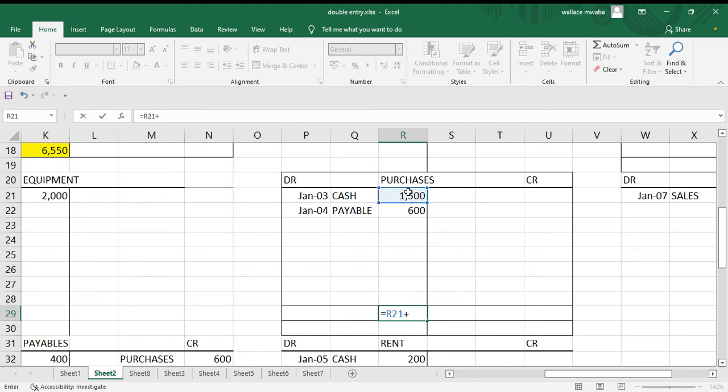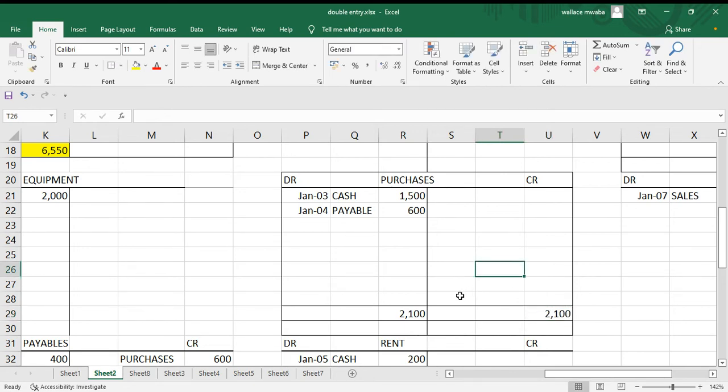So we get 2,100, put on both sides. Then we say balance carried down on the lower side, 2,100.